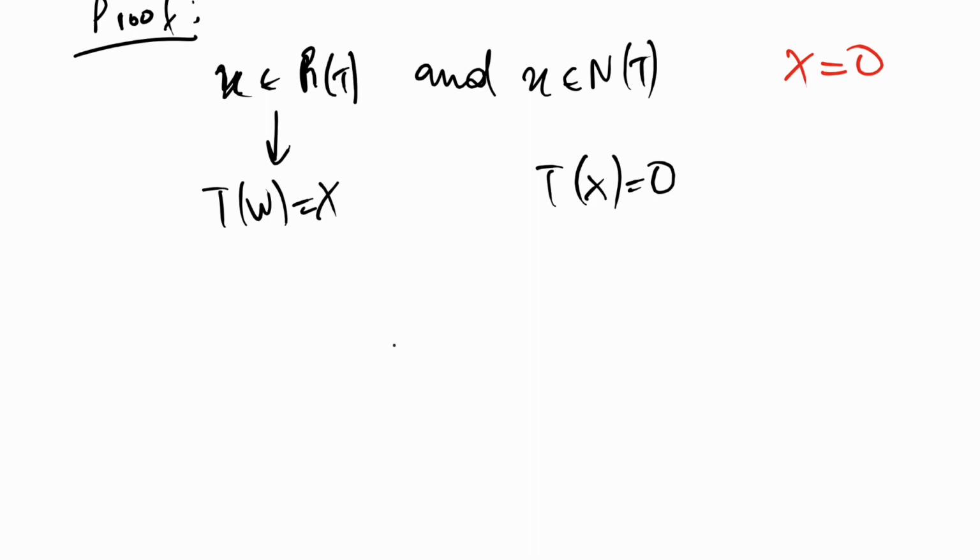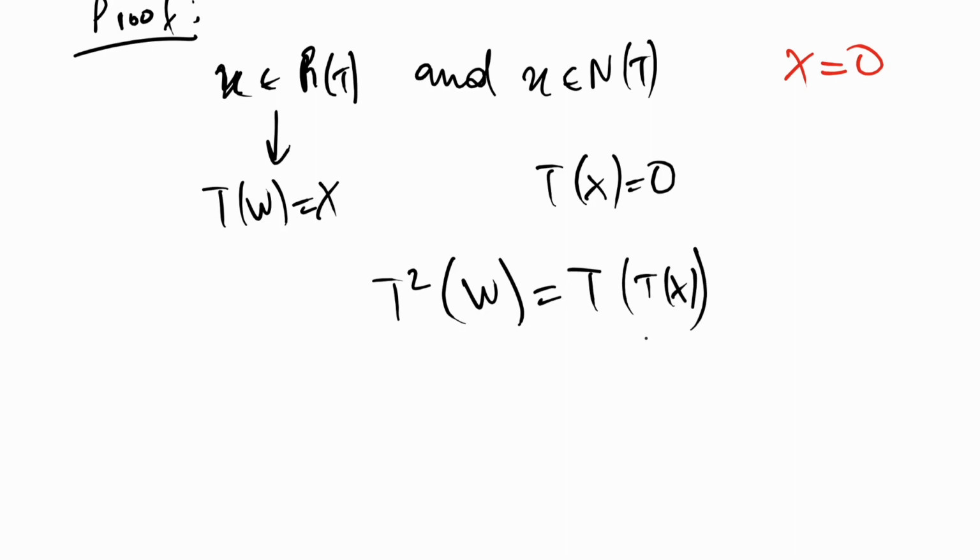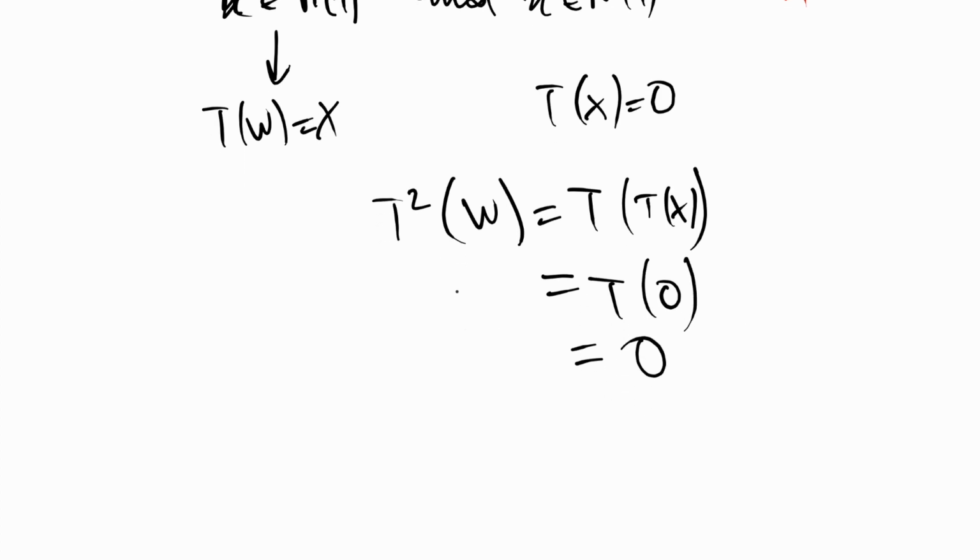So after this we consider the equation T²(w), which is just T composed with T, so T(x) is just 0, and we get 0.